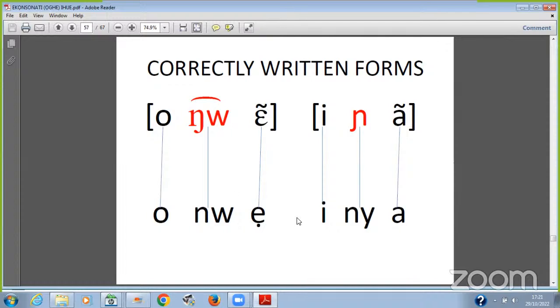So it was already in use. It's because of that influence of the Yoruba administrative influence on the Edo people that when in schools, we now write it the way they write.